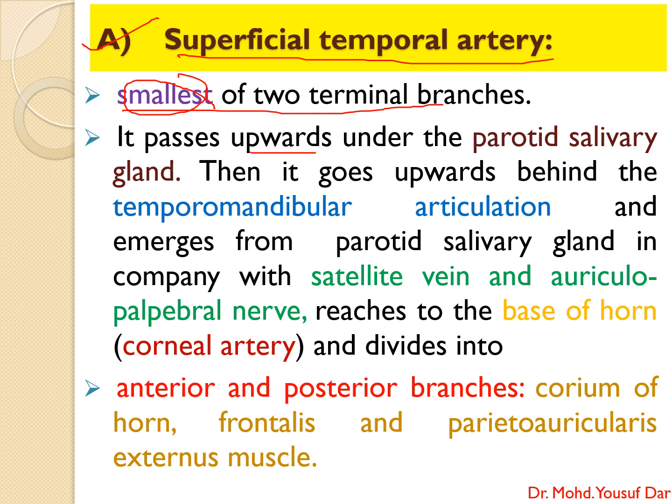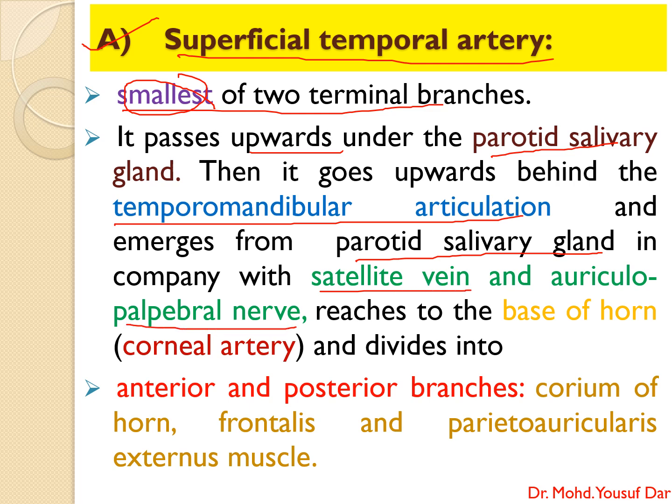It passes upwards under the parotid salivary gland, then goes upwards behind the temporomandibular articulation, and emerges from the parotid salivary gland in company with the satellite vein and the auriculopalpebral nerve. Finally, it reaches the base of the horn as the corneal artery.